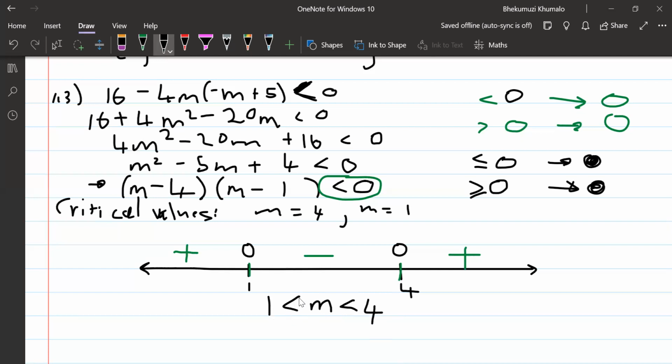And we don't say it's less than or equal to 1, because it's not included, okay? So it's just m bigger than 1 and m less than 4 that we would find would have non-real roots, right? So that's when we would actually get non-real roots.